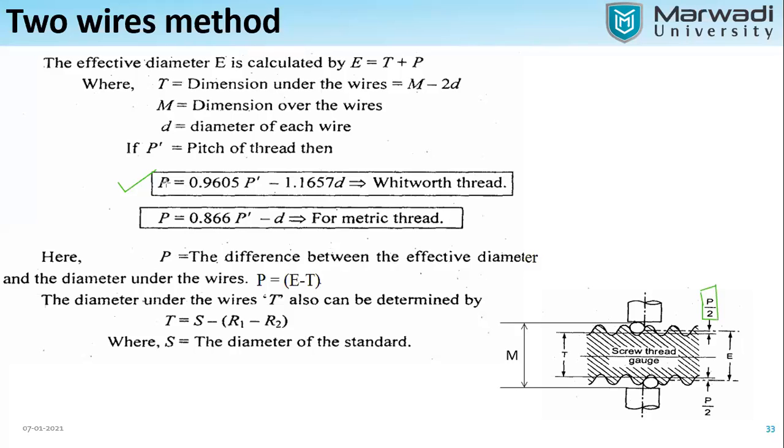The value of P for the Whitworth thread is 0.9605 P dash minus 1.1657 times D. And for the metric thread, the value of P is 0.866 P dash minus D, where D is the diameter of the wire.